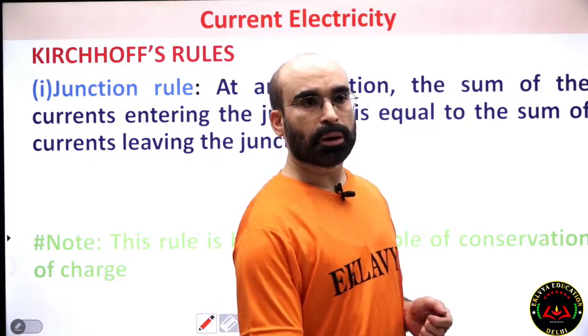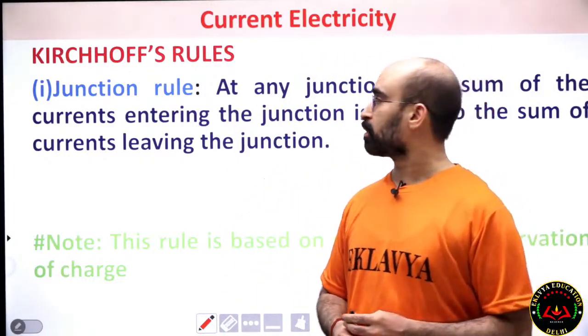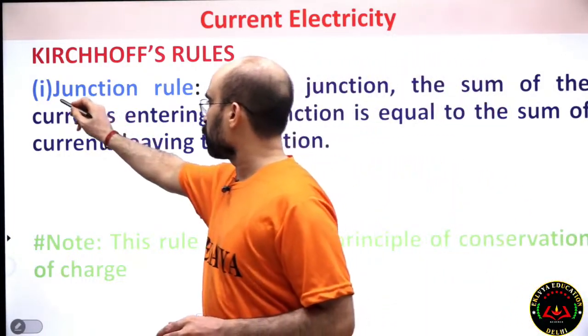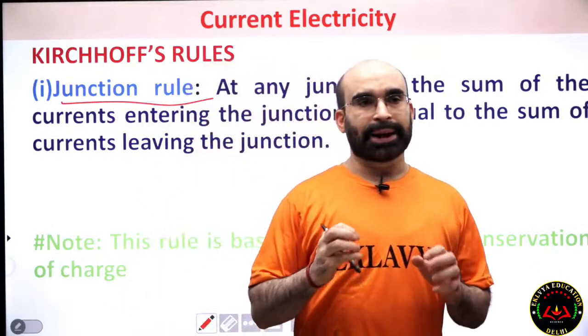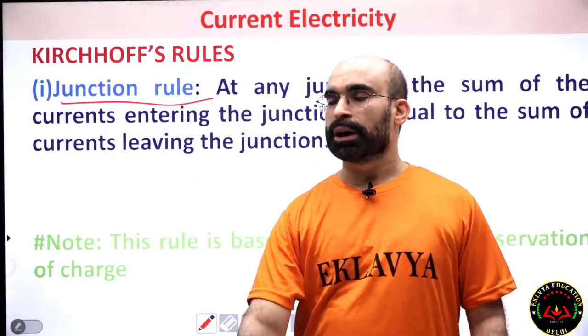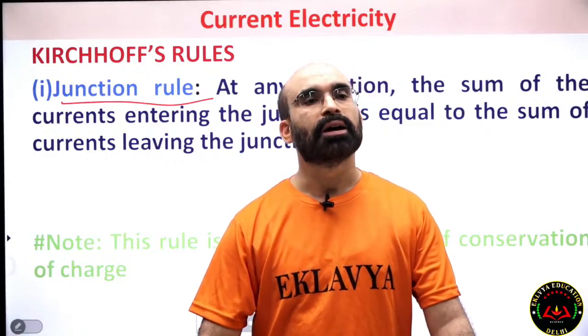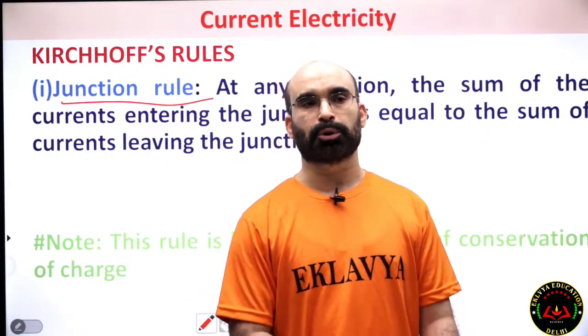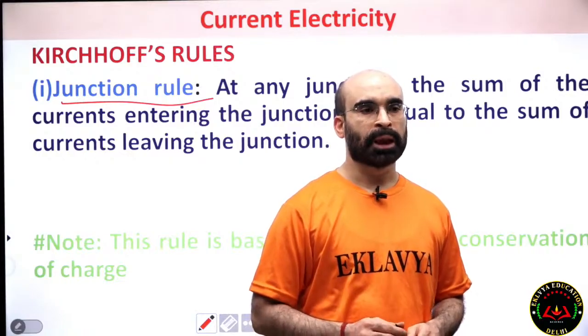The first rule of Kirchhoff's law is very simple. It is called the Junction Rule. It is basically telling you the distribution of current at any junction.